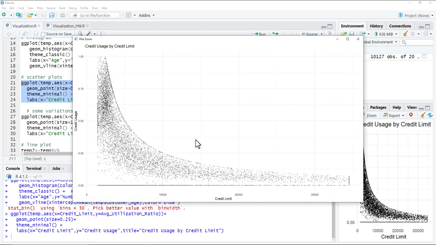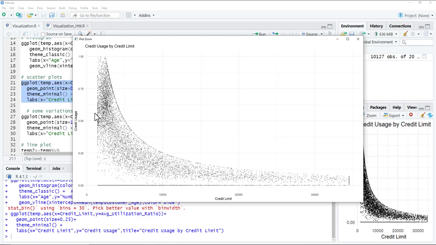And we look here, and what does it tell us? Well, at the really high credit limits, on average, the customers use much less of their total credit limit. Those that have low credit limits tend to use all of or most of their credit limit, or there are lots that use a good part of it.